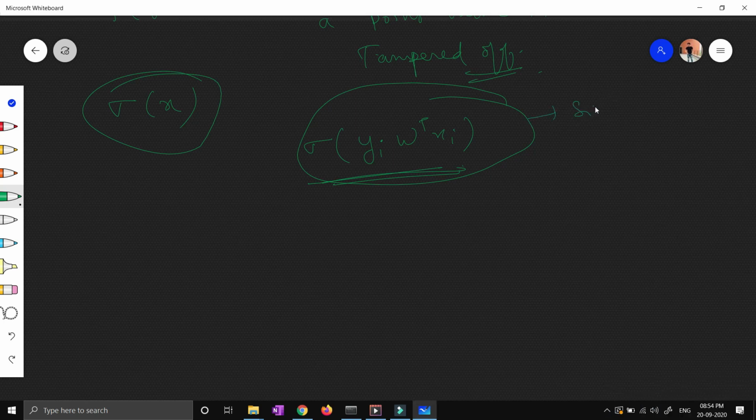Here the value of x is basically a signed term, because we have to calculate a function of signed distances, right? And if I put it inside a sigmoid function, then this value will come. Now my sigmoid function sigma x is equal to 1 upon 1 plus exponent to the power minus x, right?